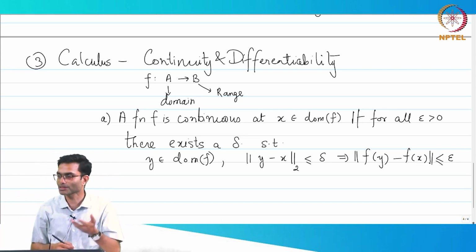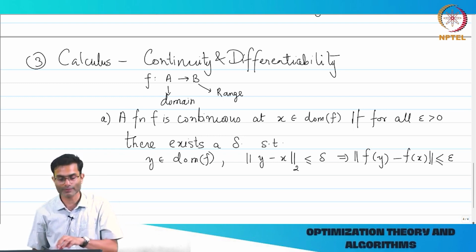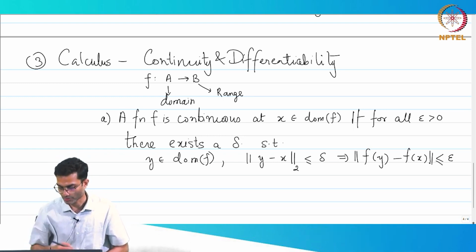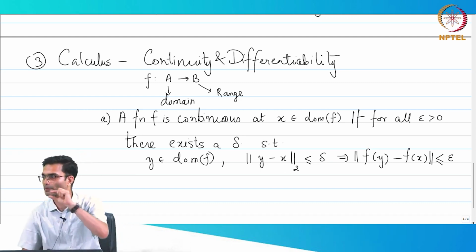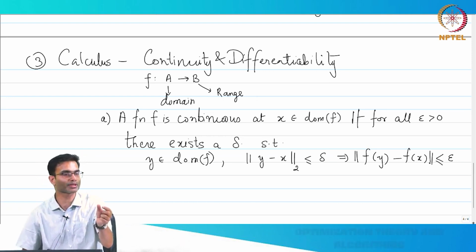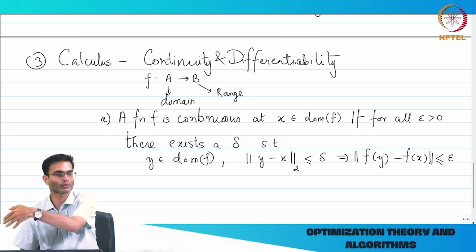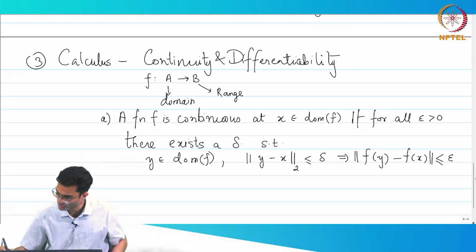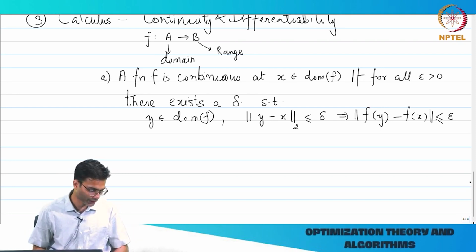But it's done in this formal language that for all epsilon greater than 0, there must be some delta such that this inequality is satisfied. The norm of y minus x simply refers to the distance between 2 points. So if the distance between 2 points x and y is less than delta, I should be able to map it to a distance between the function values. Okay. So this is the standard definition of continuity.